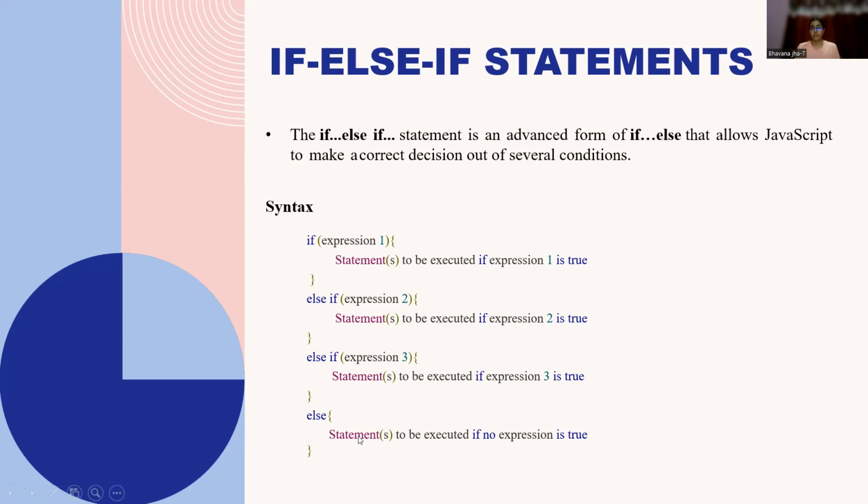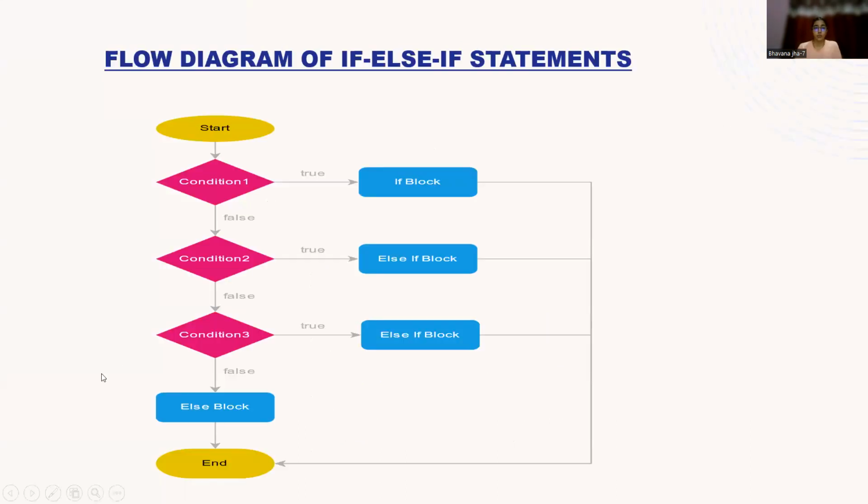So let's move on to the flow chart of this if else if statement. Here is the flow diagram, where we have condition 1, condition 2, and condition 3. If condition 1 is true, then the if block gets executed.